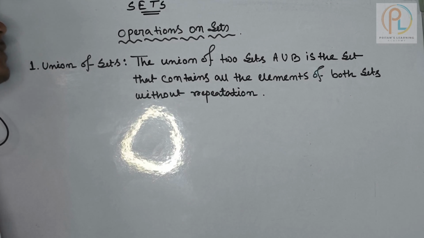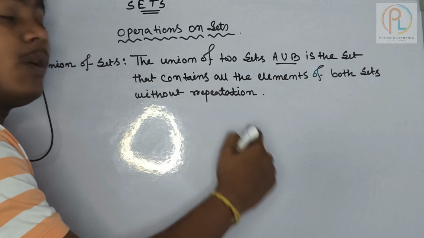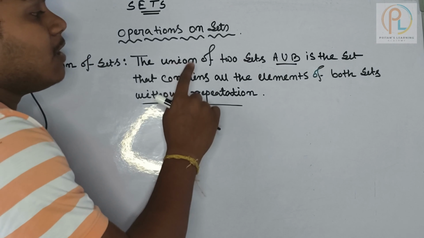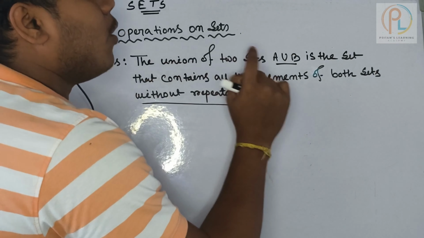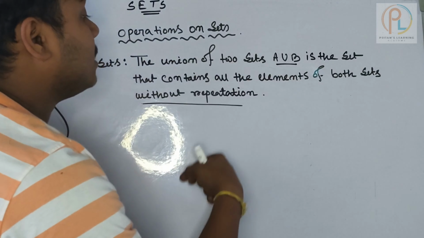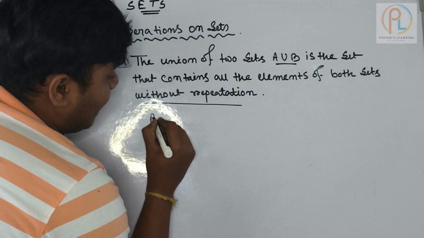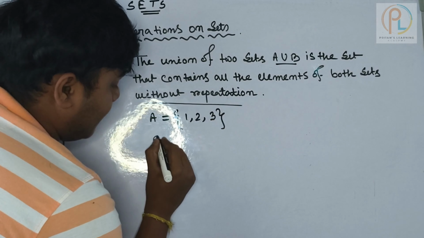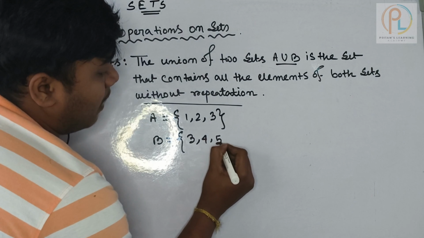The union of two sets, A ∪ B, is the set that contains all the elements of both sets without repetition. For example, let A be the set 1, 2, 3 and take B as the set 3, 4, 5.